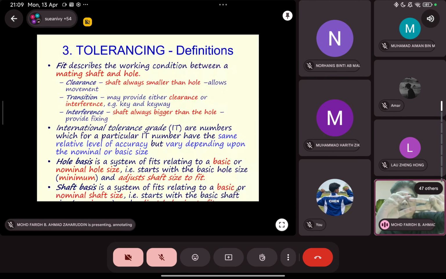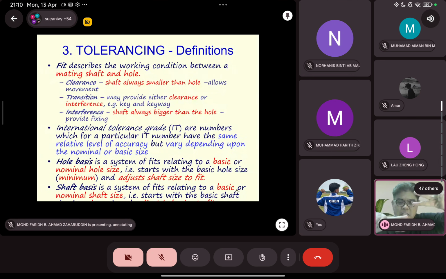On my finger, on this side, this is showing the tolerance, accepted tolerance range for hole. On my right, I don't know your left or your right, this one. This is showing the range, acceptable range for shaft.